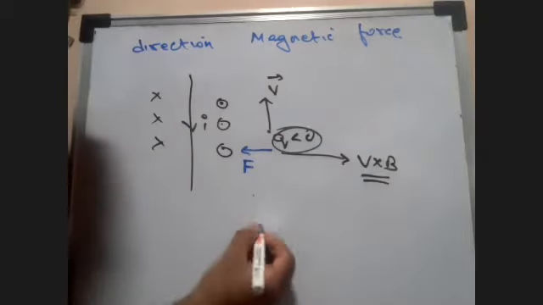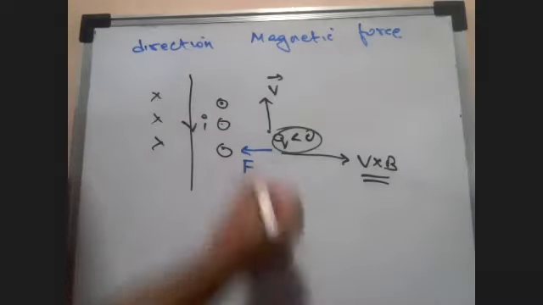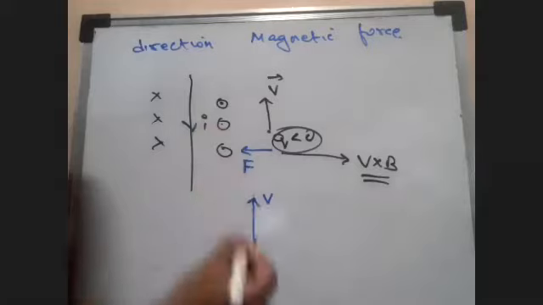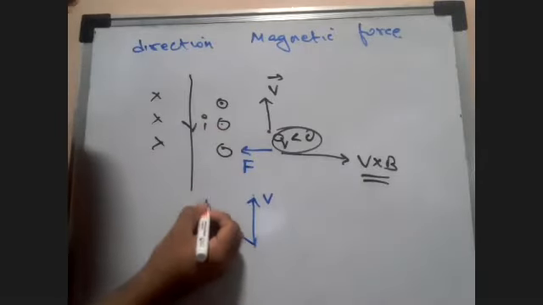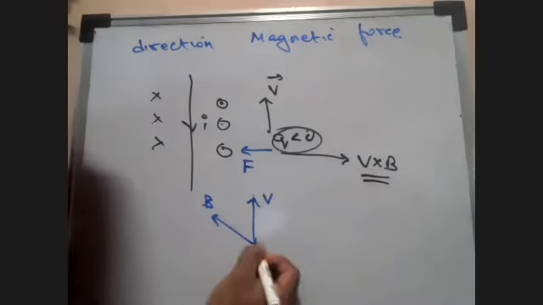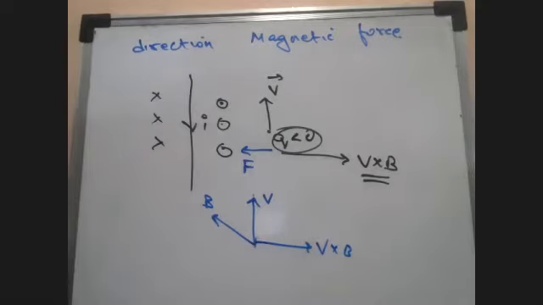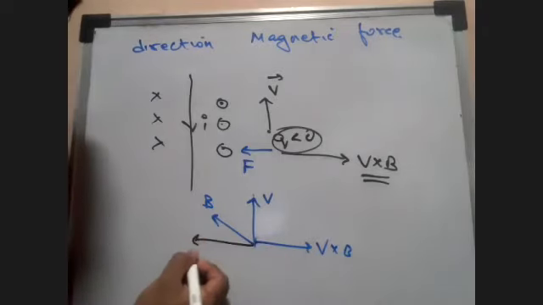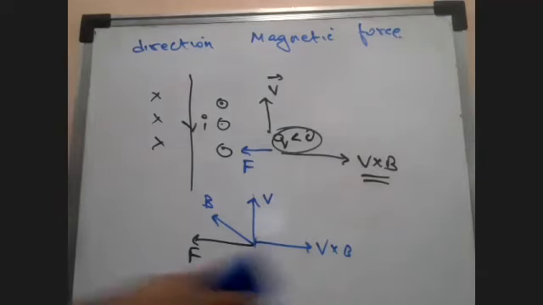So you can just write that the velocity was like this, and the magnetic field was like this, V cross B was coming out like this. But your force is in the opposite direction like this because your charge is negative in nature. It is an electron.